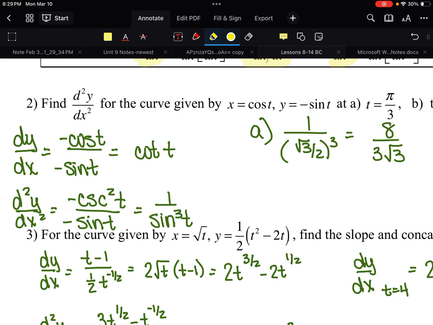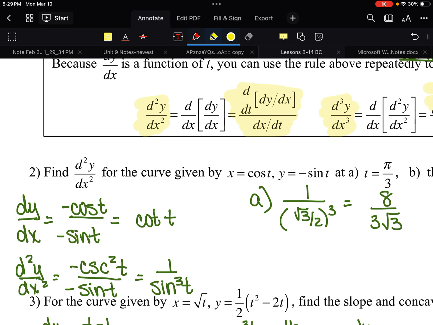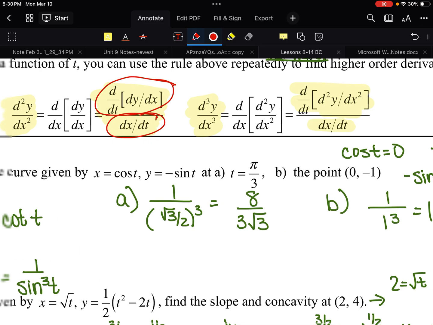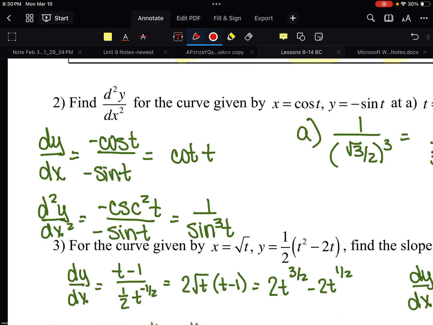Here you do that, but that's not all. If I want the second derivative, I've got to take the derivative of the first divided by dx. If I want the third, I've got to take the derivative of the second divided by dx. So with parametric functions, you're always dividing by the derivative of x.